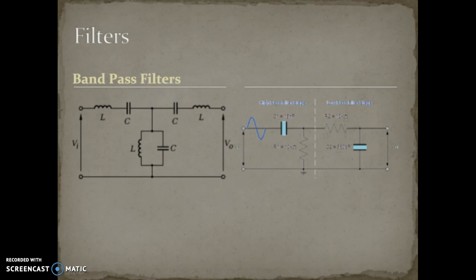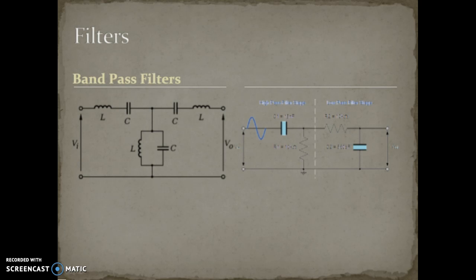It tends to be a combination of the low pass and high pass filters. However, you can also do these in different ways, such as for bandpass filters, we can use an RLC circuit. For a high pass filter, we can use an RL, and for a low pass, we can use an RC.